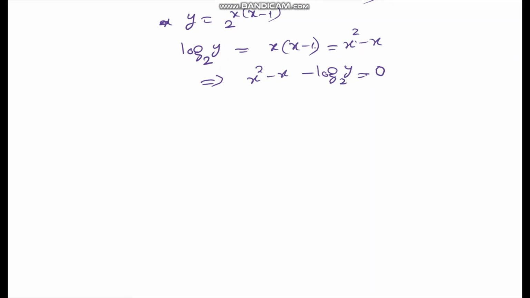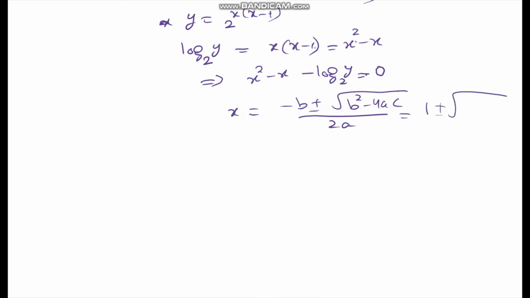Applying the quadratic formula, I'll get that x equals minus b plus or minus root b square minus 4ac by 2a. That equals minus b is 1 here, plus or minus root b square is 1 minus 4 into a is 1 and c is minus log y to the base 2.